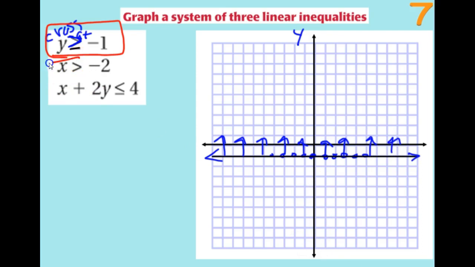It also says we're crossing the x-axis at -2. So here's x, -1 would be here, -2 would be right here. So we're going to cross or go through at -2. This graph does not have the equal to, so it's a dashed line.